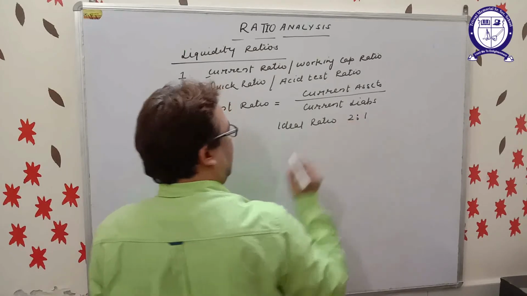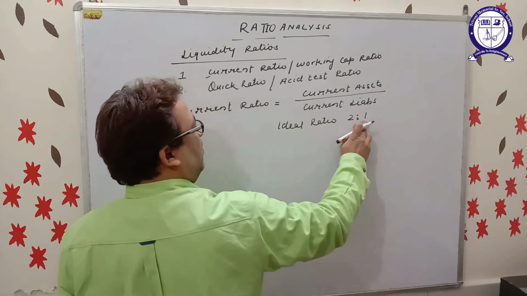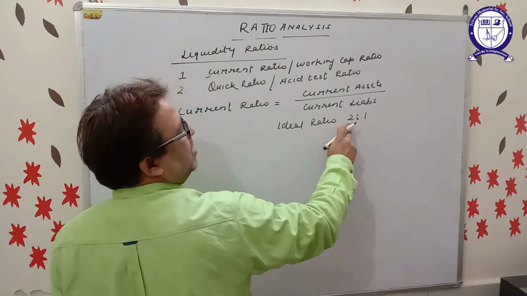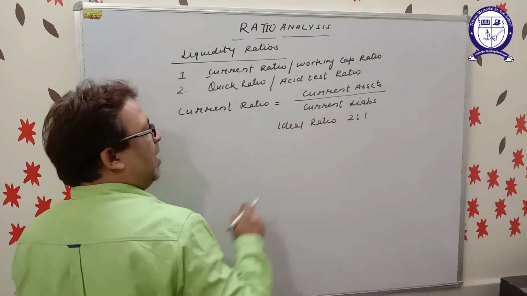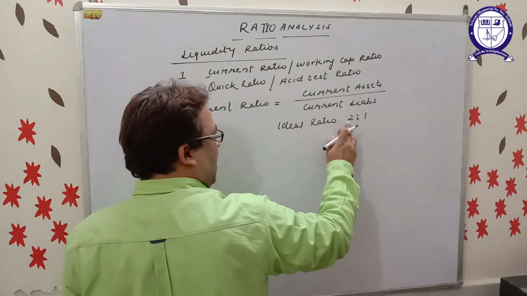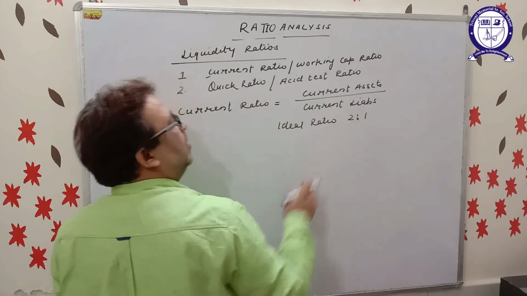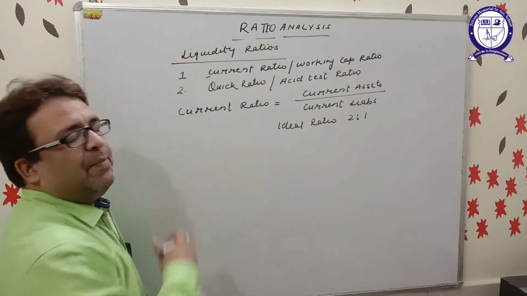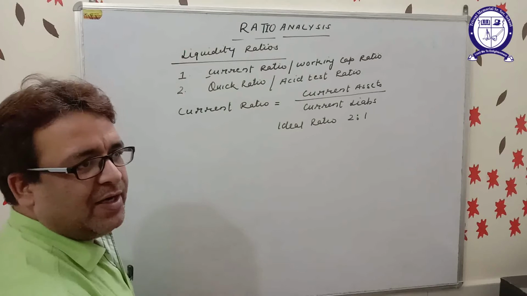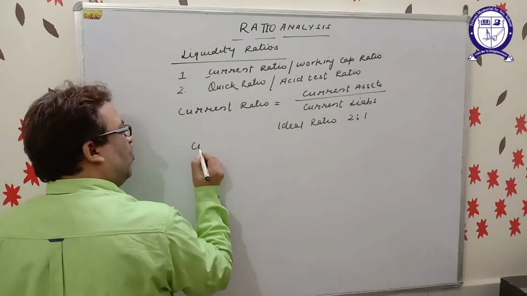That means if we have a current liability of rupees 1, we must have at least current assets of rupees 2 for the payment of current liabilities. If current assets are less than 2, then it is assumed that our company is not able to meet its short-term liabilities on time.